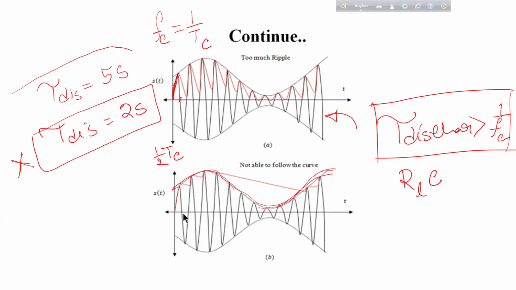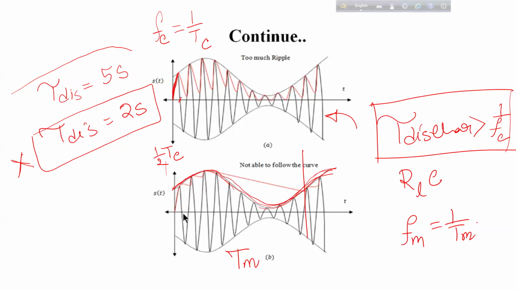It goes positive, then negative, then again positive, so you can say this is one time period. So the message signal has a time period TM, and a frequency FM, which is equal to 1 by TM.